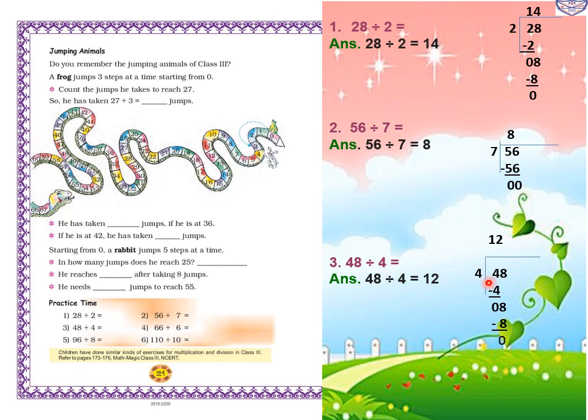So in the 4 table, 48 directly will not come, so we will take one digit. First is 4, 4 ones are 4. So 4 minus 4, 0. So this 8 we will carry down. In the 4 table, 4 twos are 8. So 8 minus 8 we will get 0. So 48 divided by 4 equals 12.